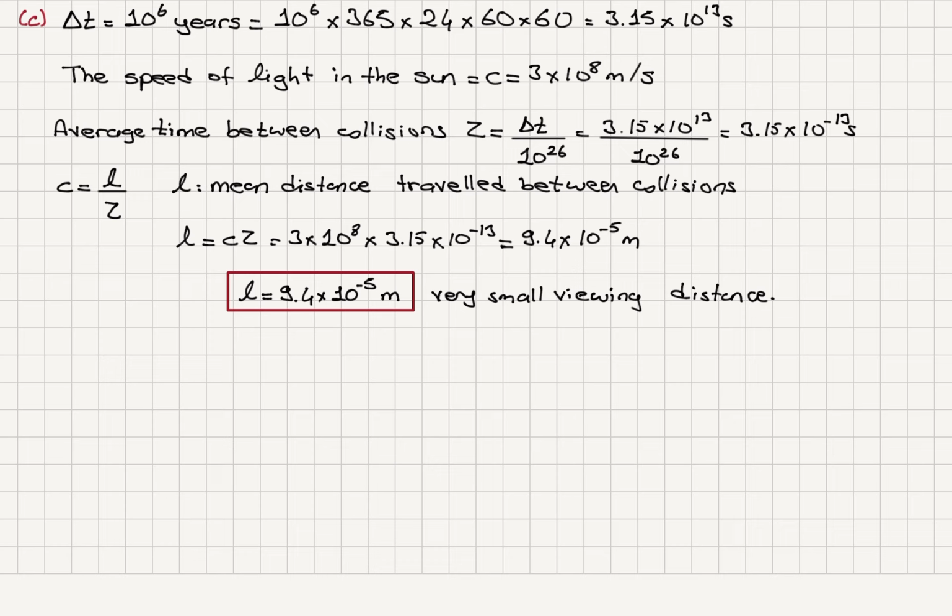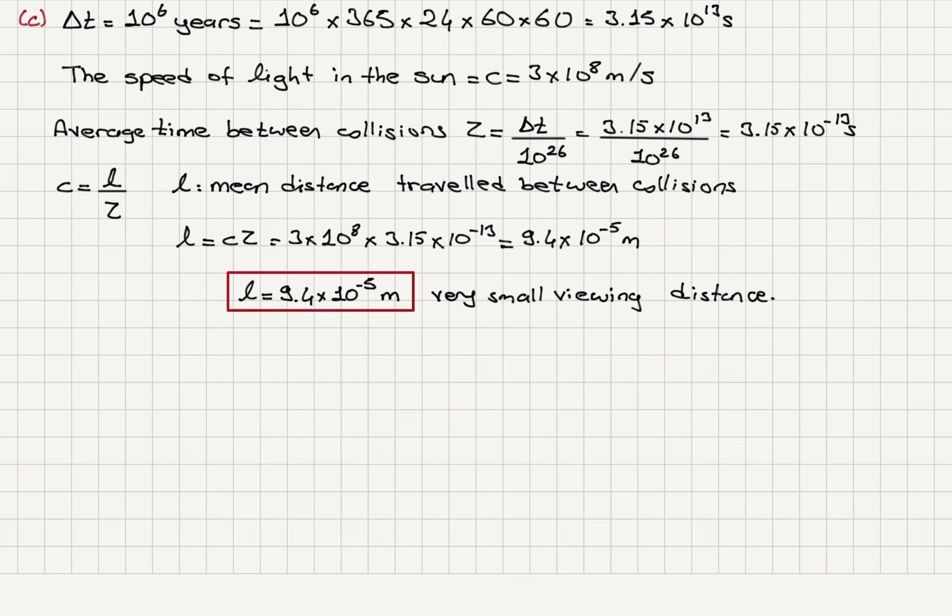Now, it's going to take a photon 10^6 years to reach the surface, coming from the core of the sun, and the speed of light in the sun is given. The average time between collisions is the time spent within the interior of the sun divided by the number of scattering events, 3.15 times 10^-13 seconds.